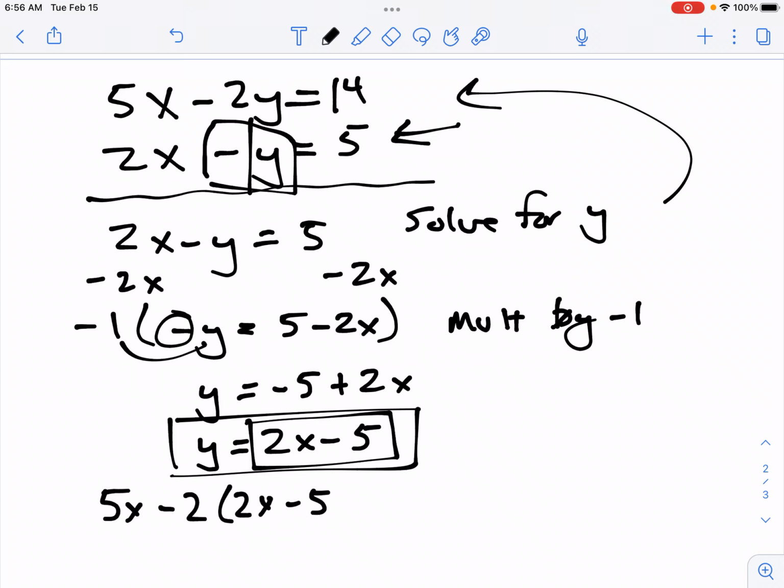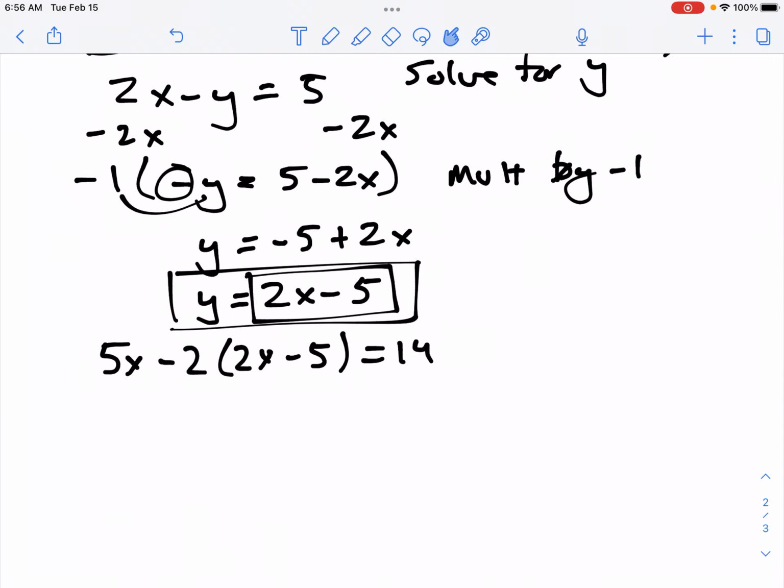And so we're gonna have some interesting things going on here. So let's see what that looks like. We got 5x and then -2 times 2. Now remember, you have to always include the sign, right? So -2 times 2, you have -4x. And then negative 2 times negative 5, because we're multiplying these two, gives us positive 10 equals 14.